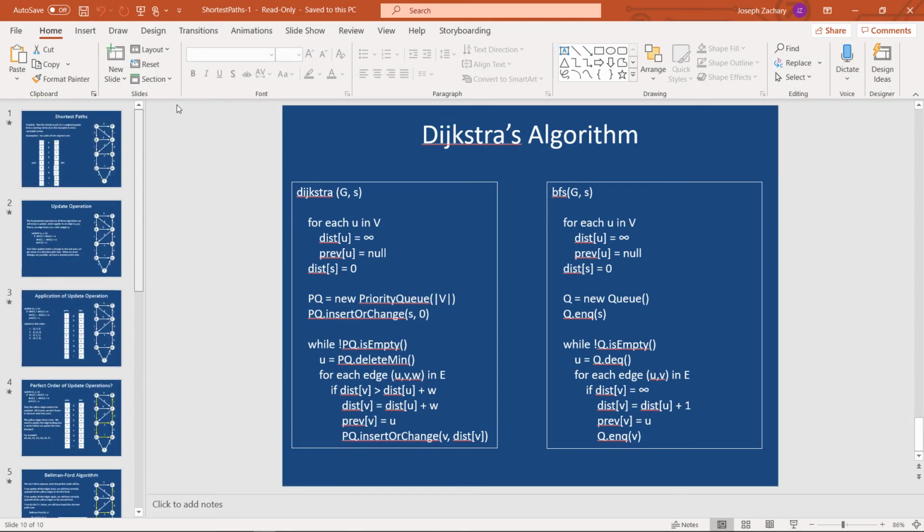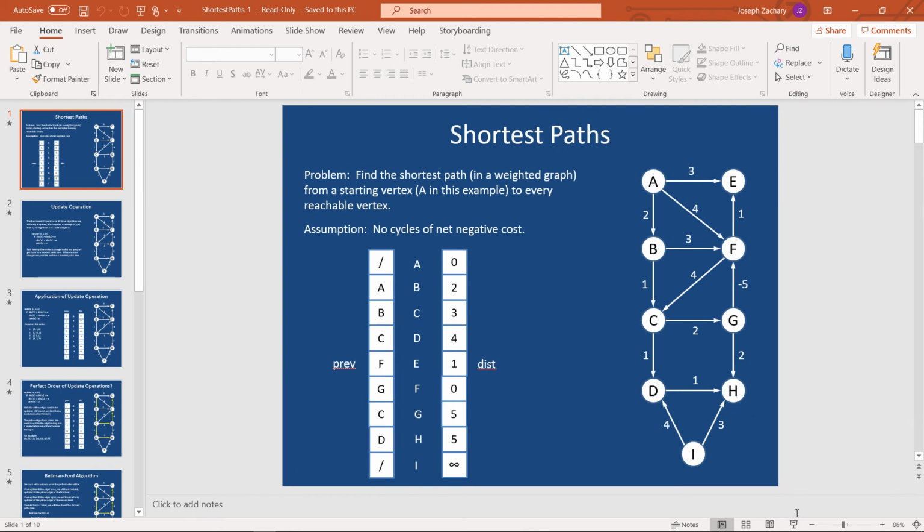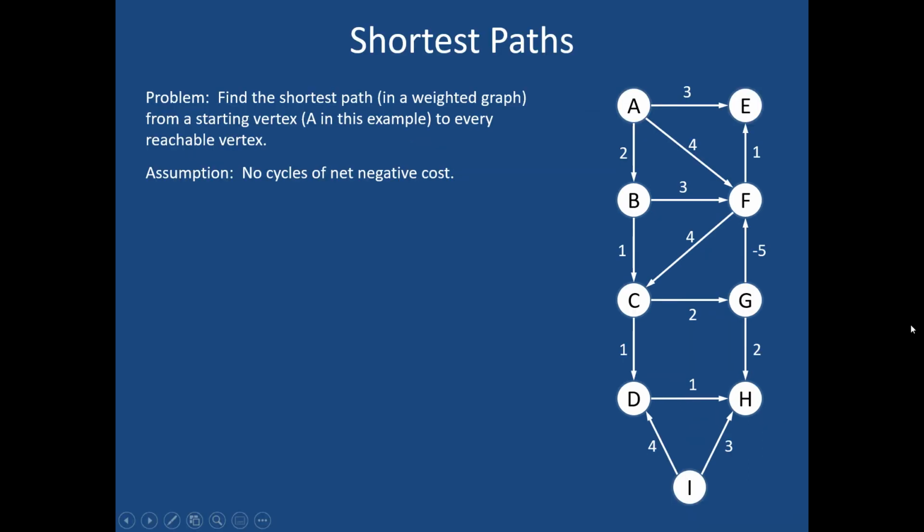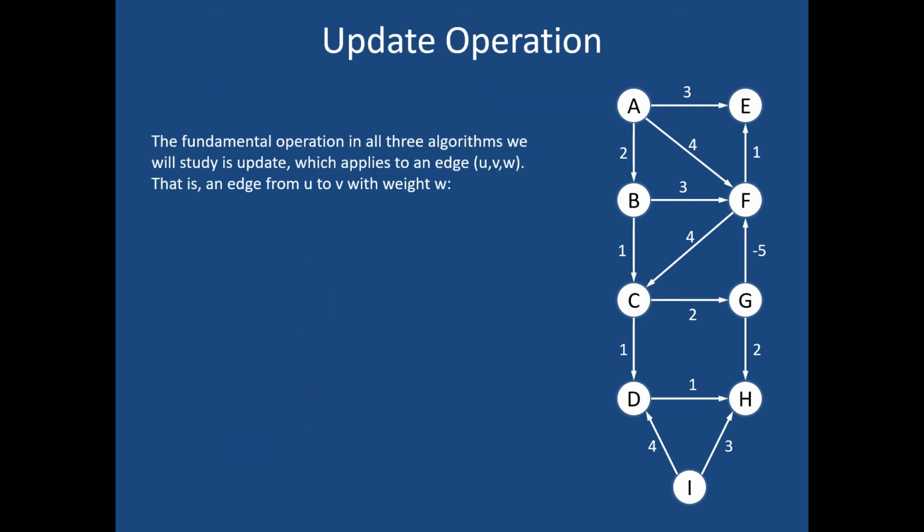Now this is a PowerPoint slide, so just be aware of that. I've never converted this one to Google Slides. So this is back to the slide we were on in the previous slide deck. Now, I mentioned we're going to look at 3 different algorithms for shortest paths.